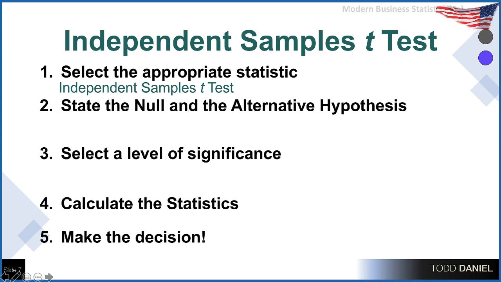We are assuming that the groups will be different, but we haven't said whether they will be higher or lower than each other. Therefore, our null hypothesis is H sub 0 colon mu1 equals mu2. What does that mean? Mu is the mean of a population.